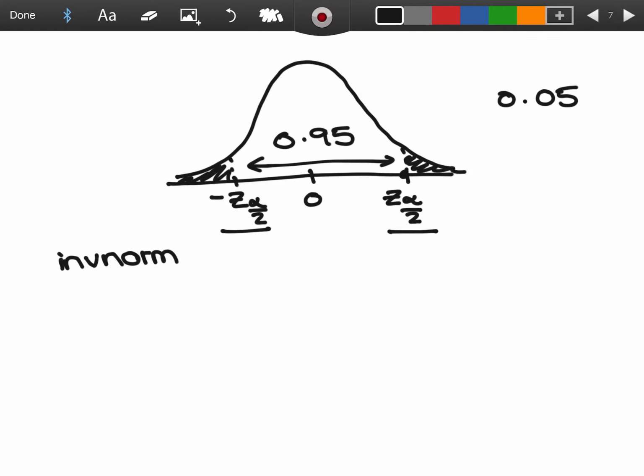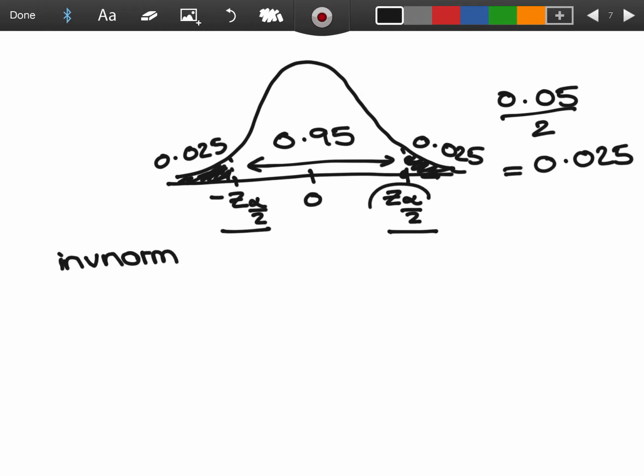But it's split in half. So each one of these areas here and here has an area of 0.025.